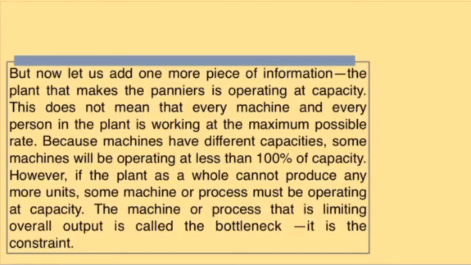However, if the plant as a whole cannot produce any more units, some machine or process must be operating at capacity. The machine or process that is limiting overall output is called the bottleneck. It is the constraint. The bottleneck is the constraint.